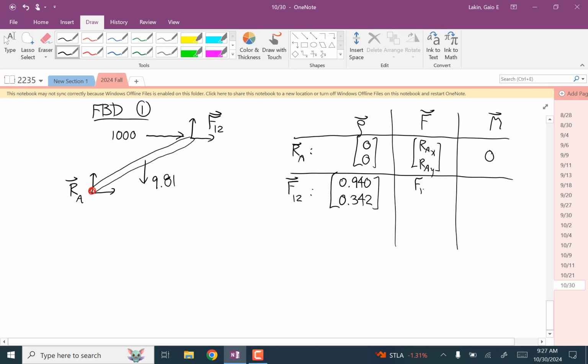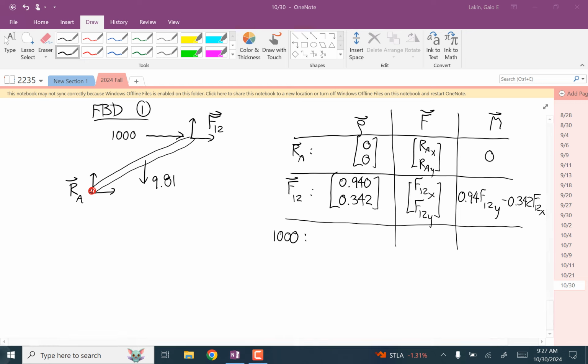The force vector is F12x, F12y. Cross product is 0.940 F12y minus 0.342 F12x. Then the 1,000 Newton force, same rho vector. The force is 1,000, 0. Cross product is negative 342.